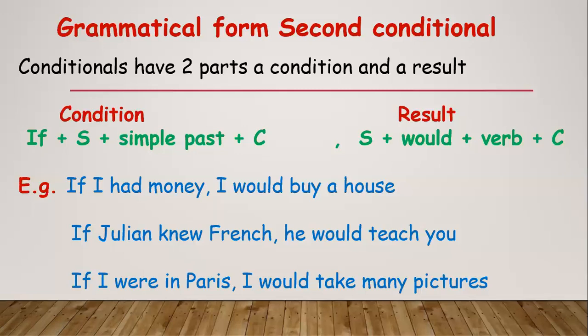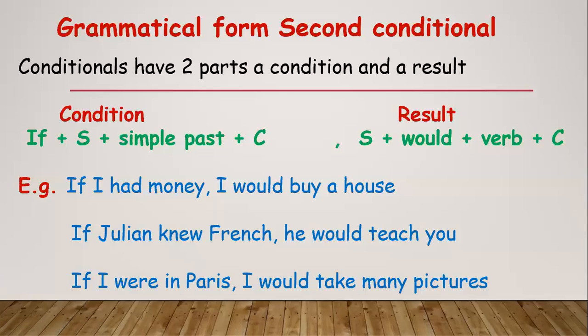If I were in Paris, pero en las últimas variaciones que ha tenido el idioma, ustedes saben que los idiomas no son estáticos y que también evolucionan conforme evolucionan las sociedades. También se ha visto que utilizan el was. If I was in Paris, también lo utilizan así y también está correcto. Pero, como yo les digo a ustedes, en la parte oral se admiten muchísimas más cosas que en la parte escrita.